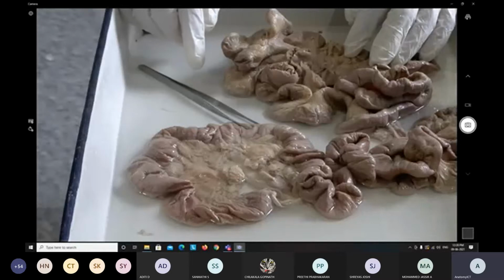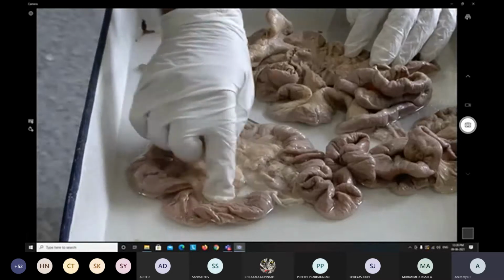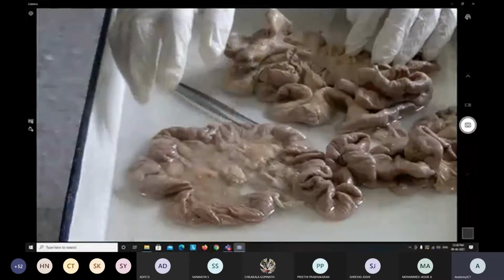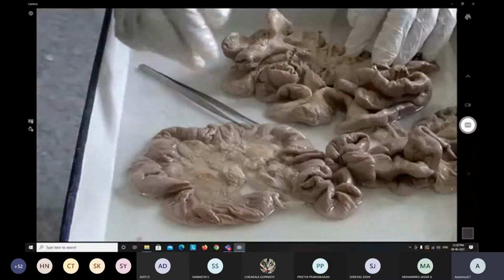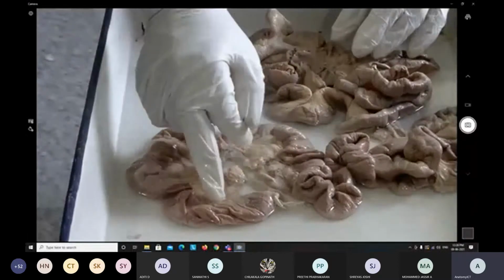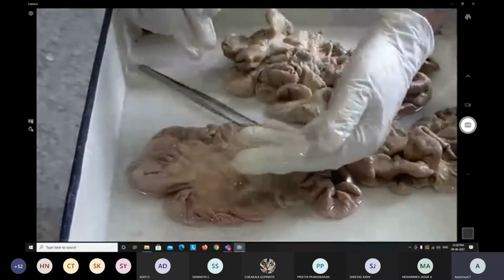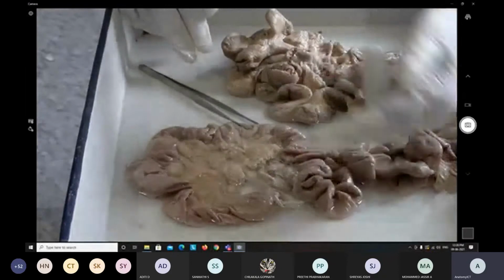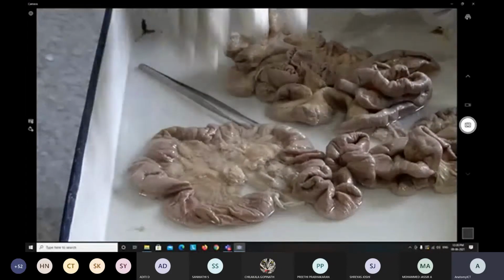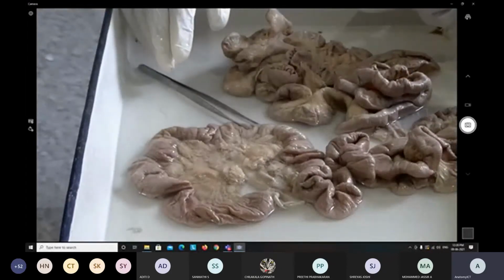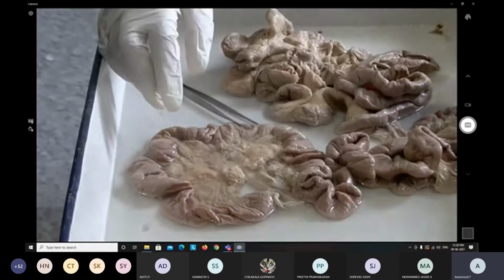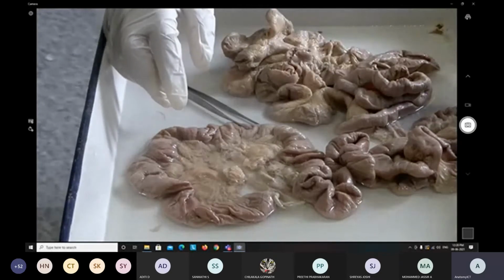Now the inferior relation is completely covered by the head of the pancreas. So we know the anterior, posterior, superior and inferior relations of the first part of the duodenum. What happens with the second part?